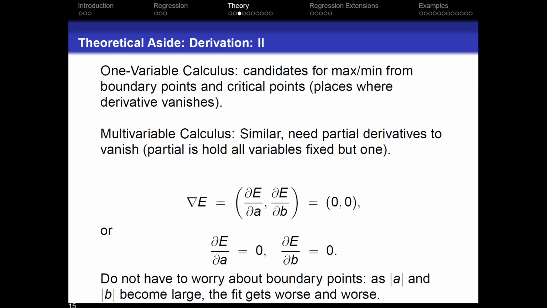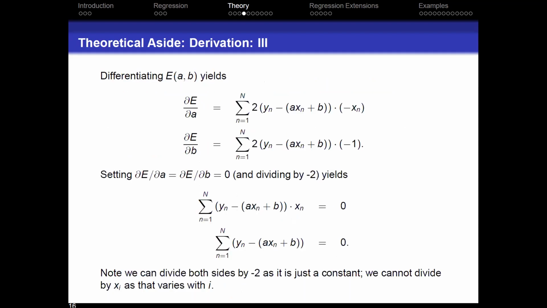And if you think about it, if you take A and B very, very large, you can make the error tremendous. So we know the error is not going to come from A and B going off to infinity. That's not going to give us the smallest error. The smallest error is going to come from some reasonably sized choices for A and B. So we need to calculate the derivative of E with respect to A, the derivative of E with respect to B, set them both equal to 0, and solve.